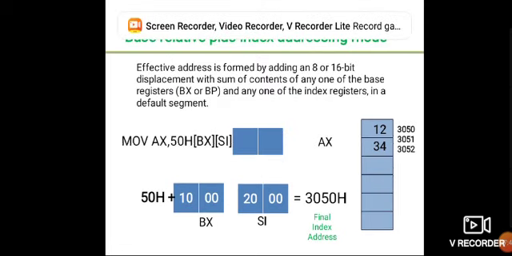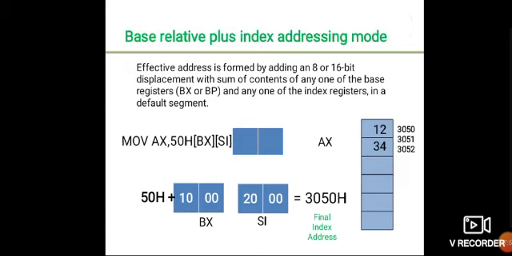And coming to the base relative plus index addressing mode. This is also very similar to the previous addressing mode, except that the displacement will be added along with the effective address thus formed. Here, for example, I have given MOV AX, 50H[BX][SI]. As in the previous case, BX is holding 1000 and SI is holding 2000.